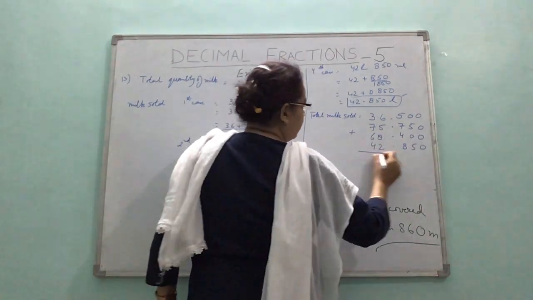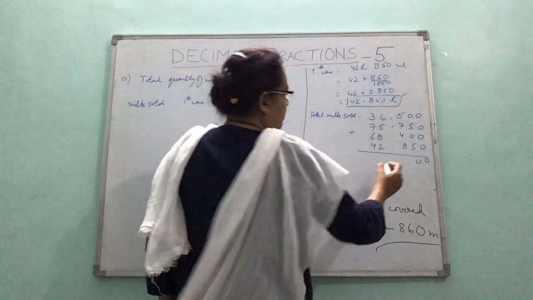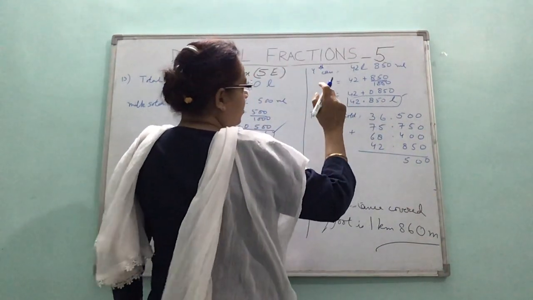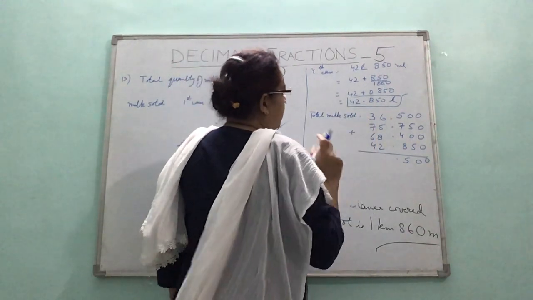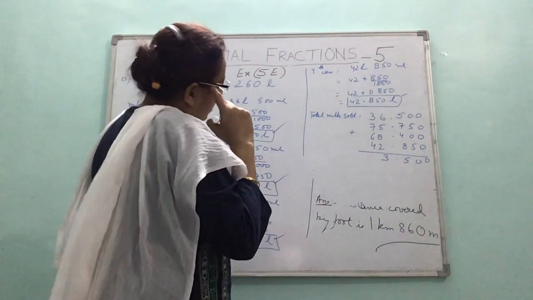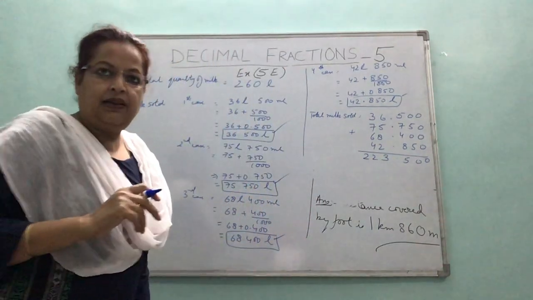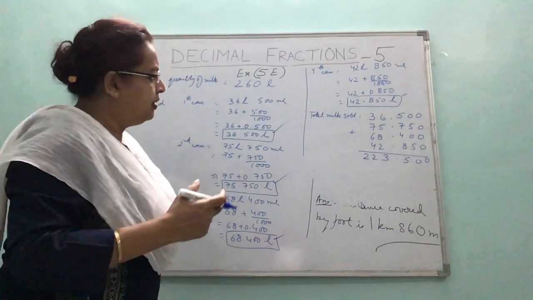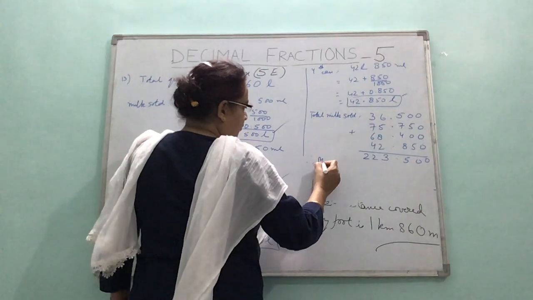We'll add all these. 0, 10, 16, 20, 25, 2, 10, 16, 10, 16, 21, 23, 3, 2 carried over, 22. This much he is selling. He is selling how much? 223 liters, 0.500 liters.